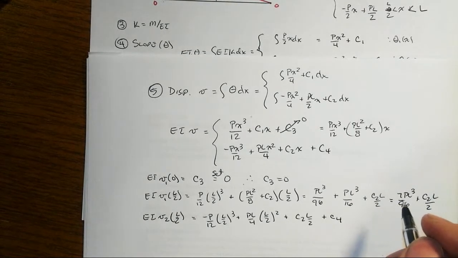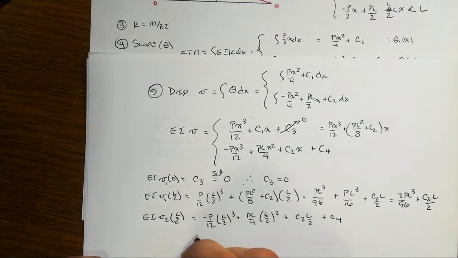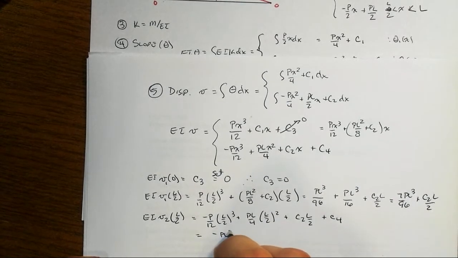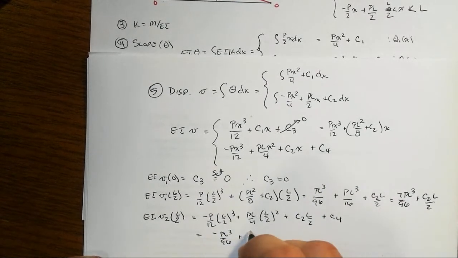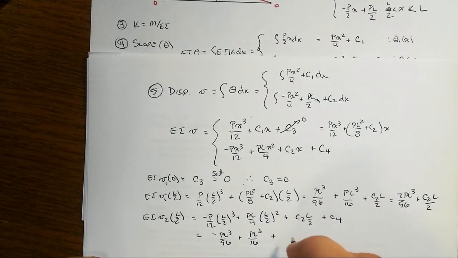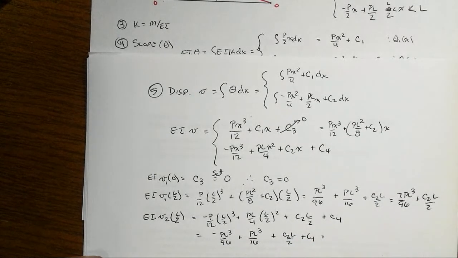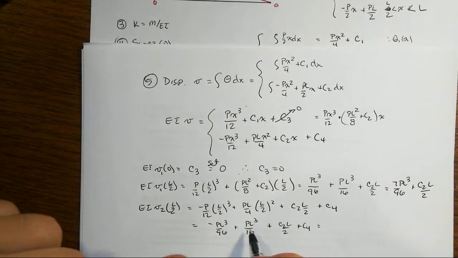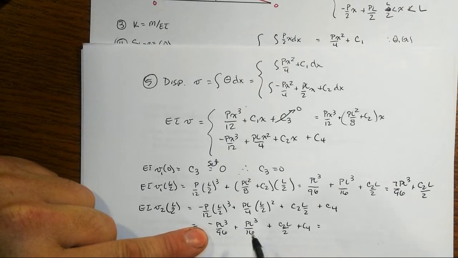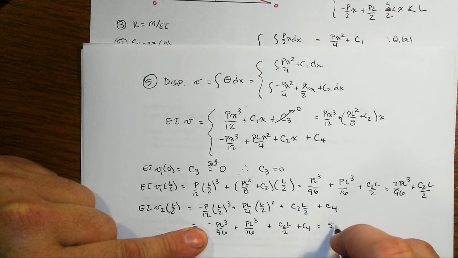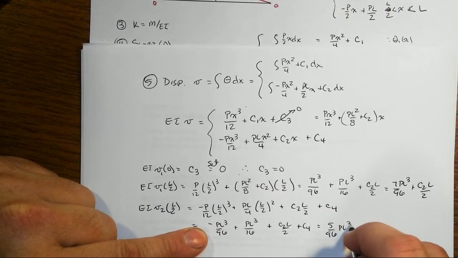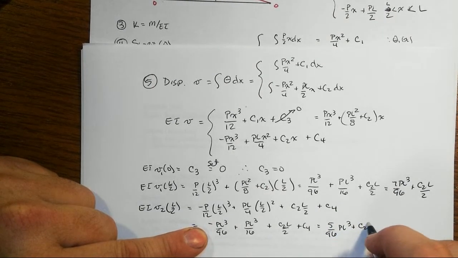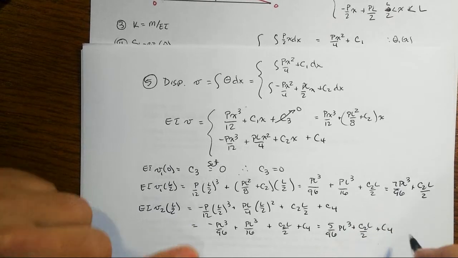Alright, this is minus PL cubed over 96 plus PL cubed over 16 plus C2L over 2 plus C4. And that, then, this is 6 over 96. So that now is 5 over 96 PL cubed plus the C2L over 2 plus C4.